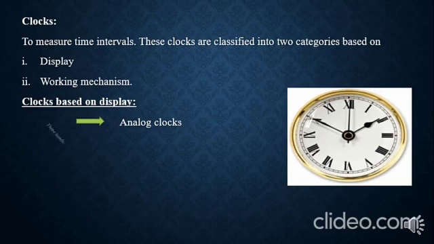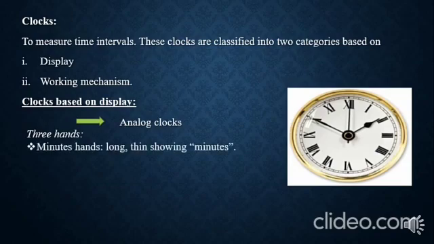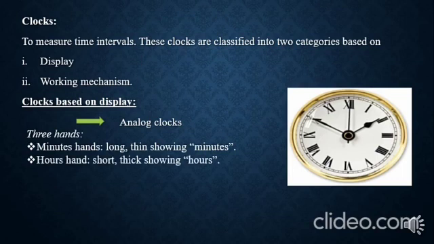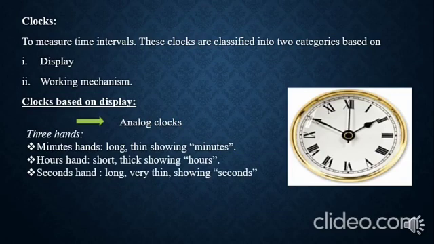The three hands of a clock are the minutes hand, which shows the minutes, so how many minutes in an hour? Yes, 60 minutes in an hour. The hours hand, which represents the hour, out of 24 hours a day. And the seconds hand, obviously, so how many seconds in a minute? 60 seconds. This is an analog clock.